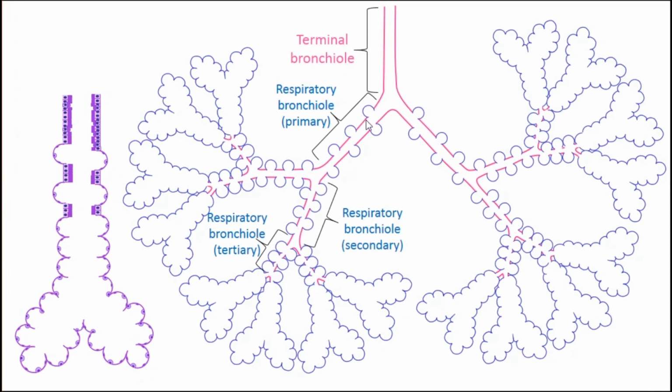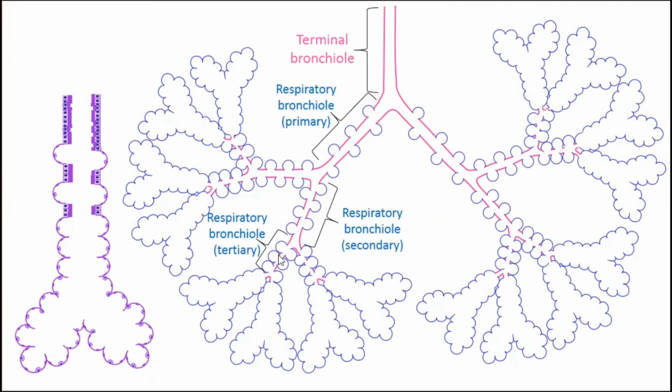In primary respiratory bronchioles, alveoli take about 1/3 of the wall of respiratory bronchiole. In secondary, about 2/3, and in the tertiary respiratory bronchioles, up to 3/4, up to the entire area of the wall, but small islets of ciliated epithelium are still present here.